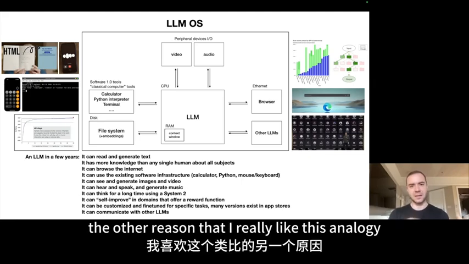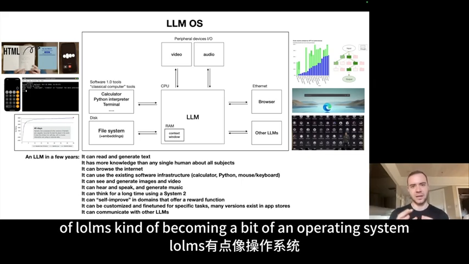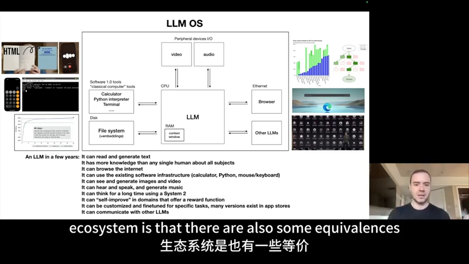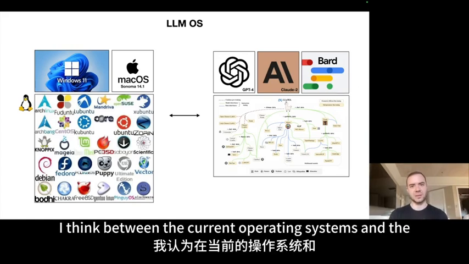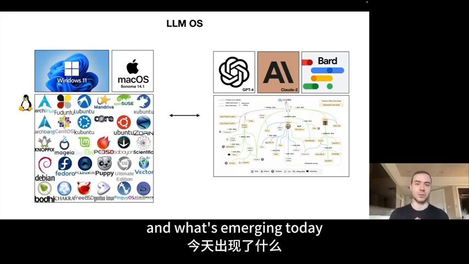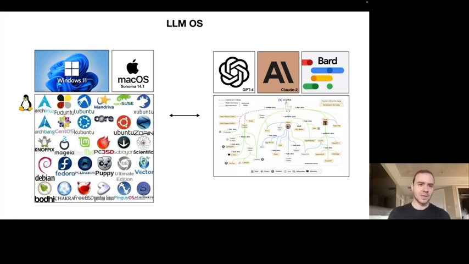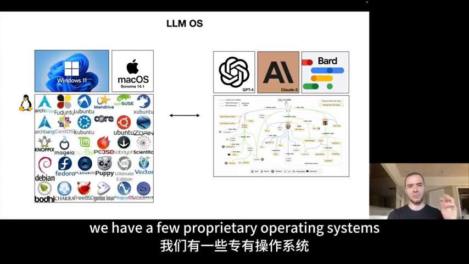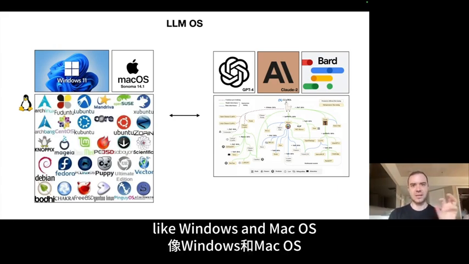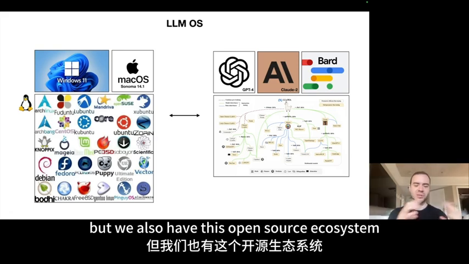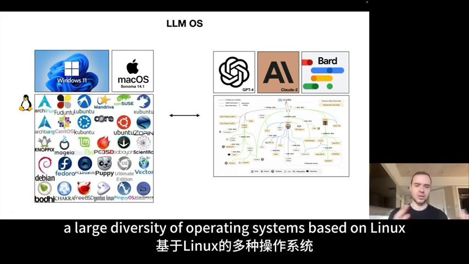But fundamentally, the other reason that I really like this analogy of LLMs kind of becoming a bit of an operating system ecosystem is that there are also some equivalents, I think, between the current operating systems and what's emerging today. So for example, in the desktop operating system space, we have a few proprietary operating systems like Windows and Mac OS, but we also have this open source ecosystem of a large diversity of operating systems based on Linux.